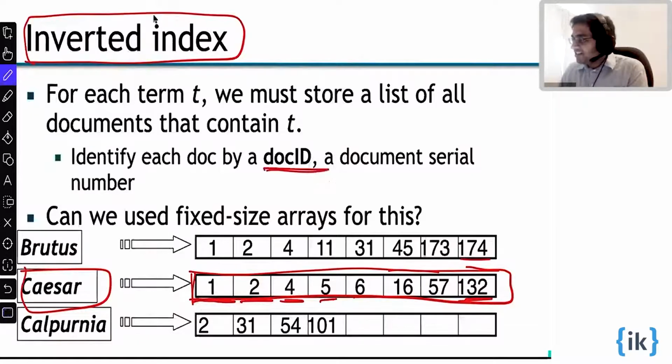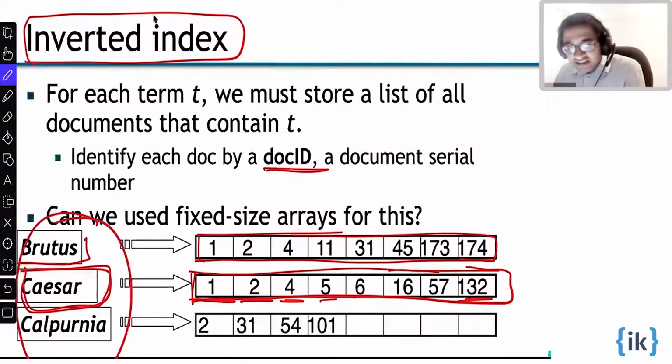So the assumption is that each document is assigned a unique doc ID, and we have a list of doc IDs for each term, and this is analogous to an adjacency list. So if I want to find out which documents contain the word Caesar, I just have some kind of data structure here which will give me instant access to this list of doc IDs.